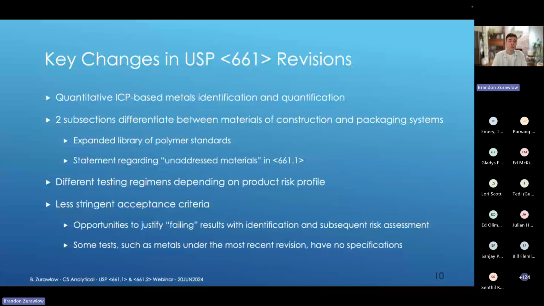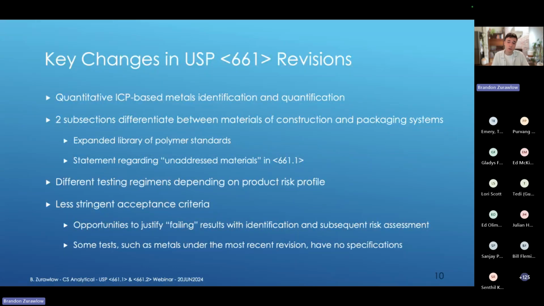And again, this concept of less stringent acceptance criteria. There are sections of the chapters that are explicitly written and say to the effect of inability to meet this acceptance criteria does not mean that the material or component is not suitable for use.